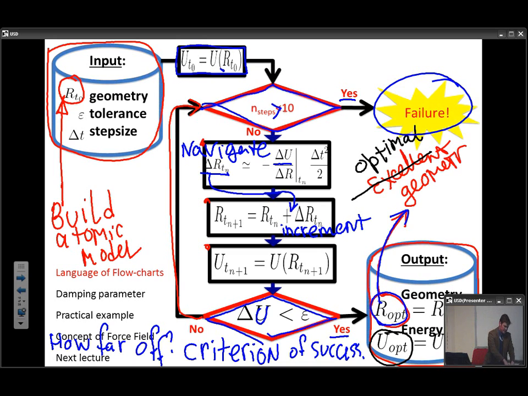So we take this gradient, take the next increment, the next vector of motion, jump to the next position, compute energy, and check whether it fits our success criterion. And then we navigate in this space of nuclear configurations. Some programs even display it.